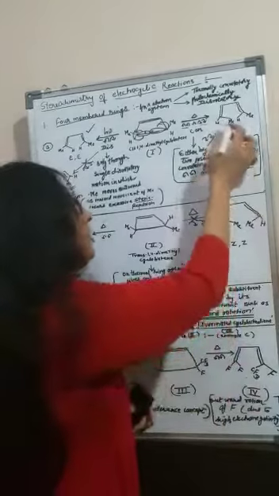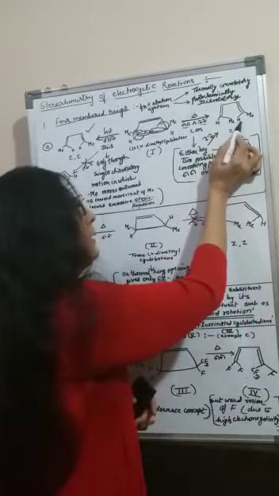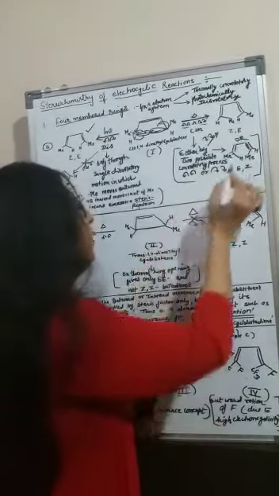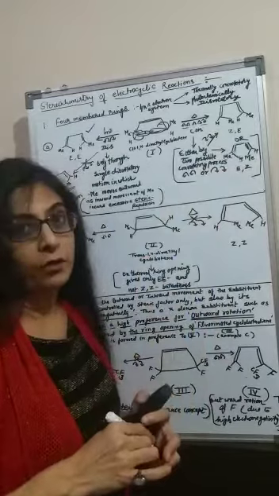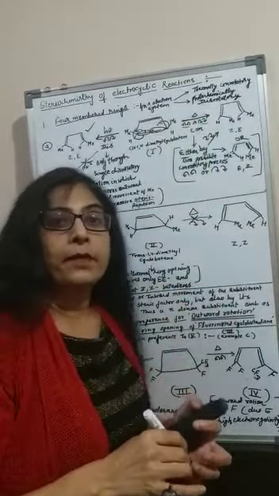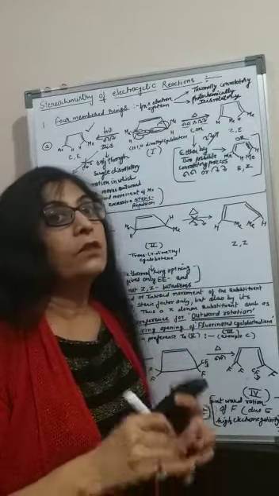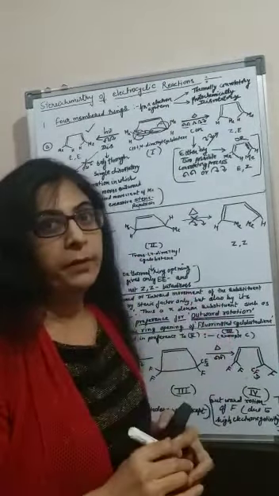Here in both products one Me and one H are coming closer, so the steric repulsion is the same in both isomers. So in the conrotatory process, steric hindrance plays no role.